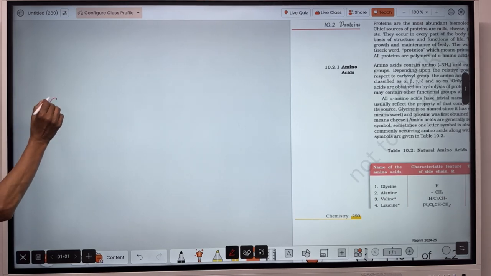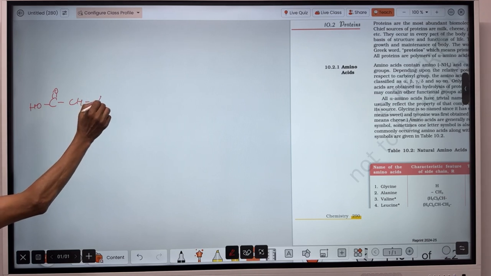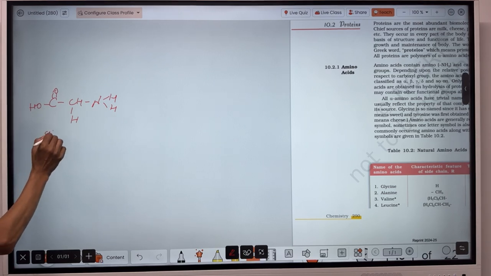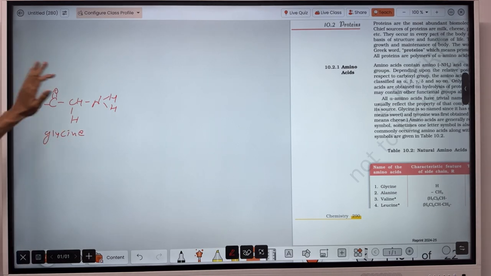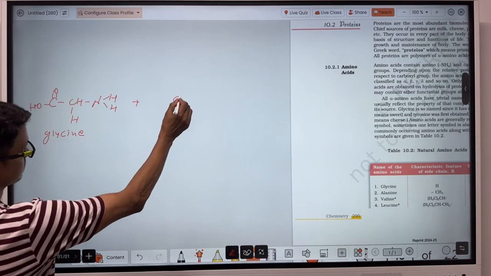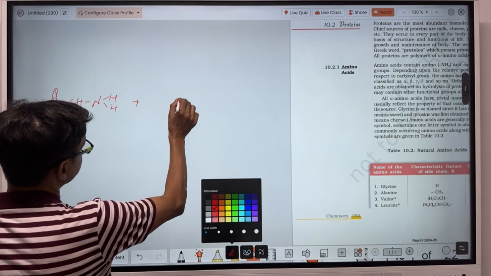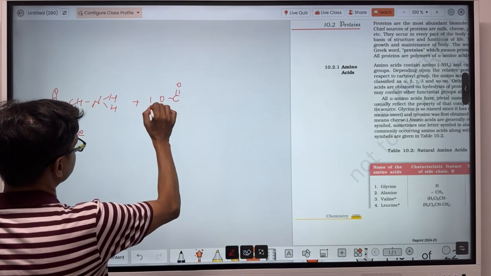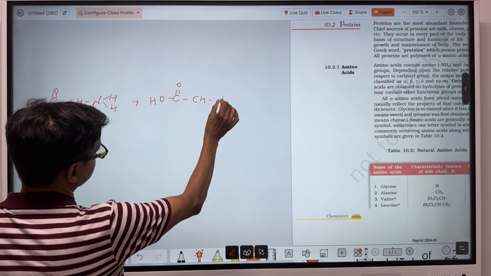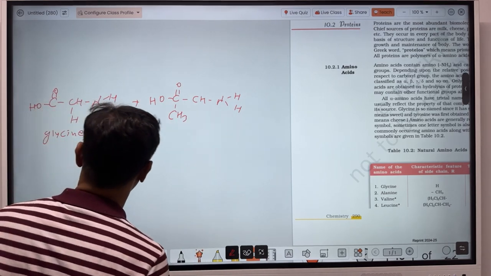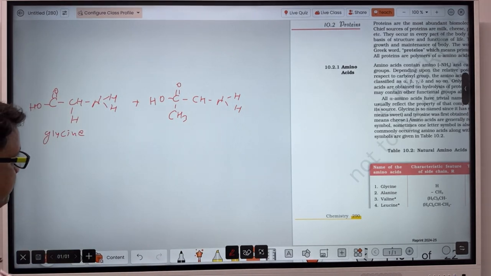So listen here. For glycine, hydrogen will be there, and for alanine, in place of hydrogen there will be a methyl group; you are already aware. So here also I am taking alanine.